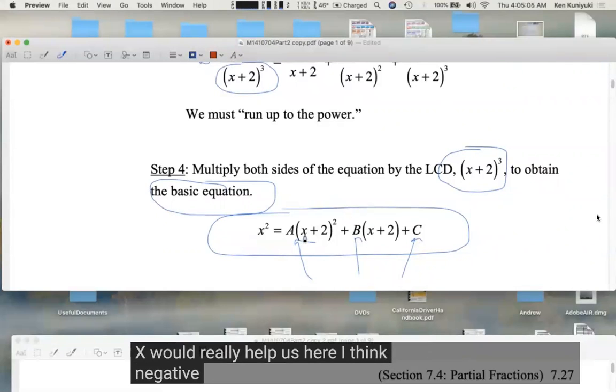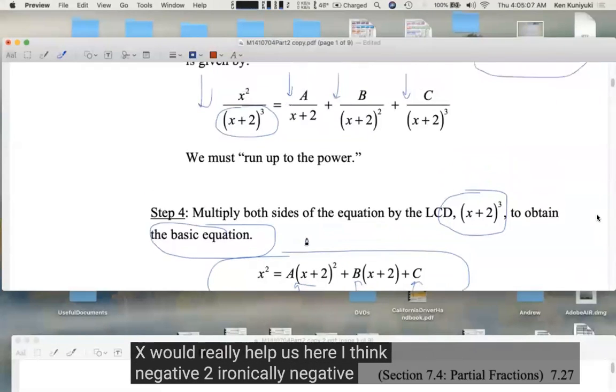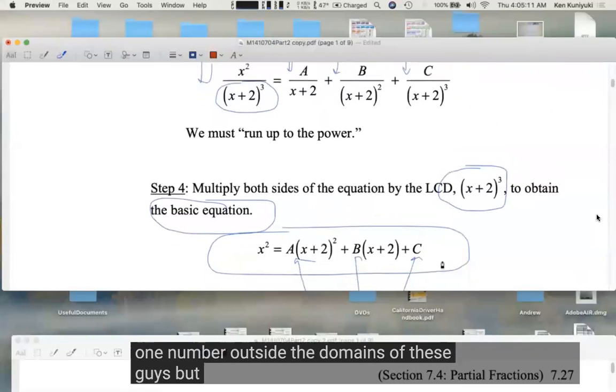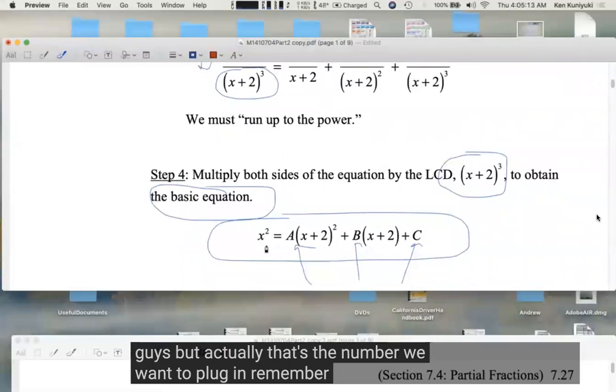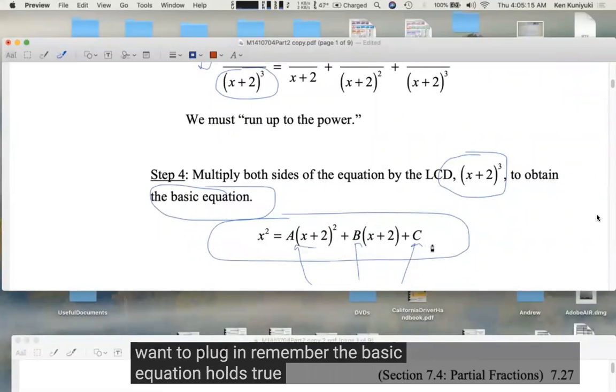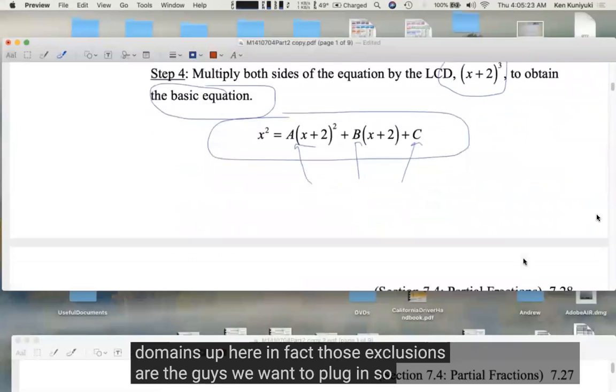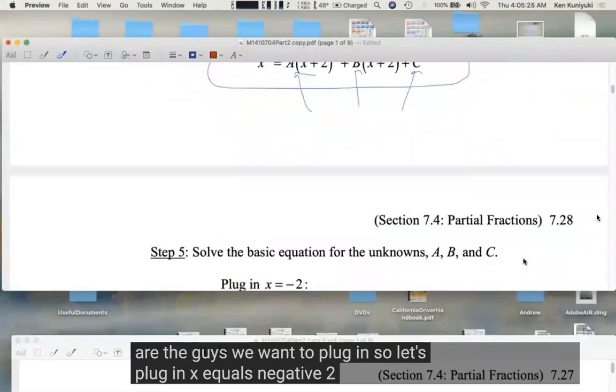I think -2. Ironically, -2 was the one number outside the domains of these fractions, but actually that's the number we want to plug in. Remember, the basic equation holds true for all real values of X, including the exclusions from the domains up here. In fact, those exclusions are the ones we want to plug in. So let's plug in X equals -2.